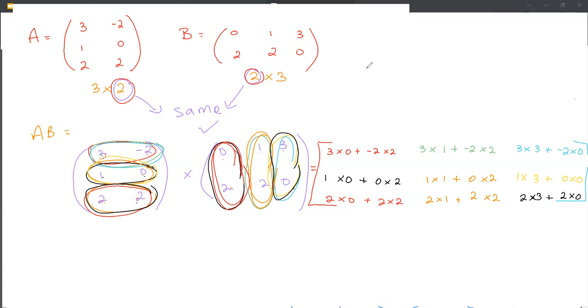Now, if you want to check to see if it's correct, before each multiplication sign, you're going to see a repeat of your first matrix. So look at it. This is 3, negative 2, 1, 0, 2, 2. 3, negative 2, 1, 0, 2, 2. So before each multiplication sign, you're going to see these elements repeated for your first matrix.